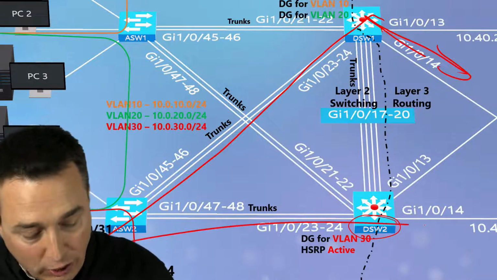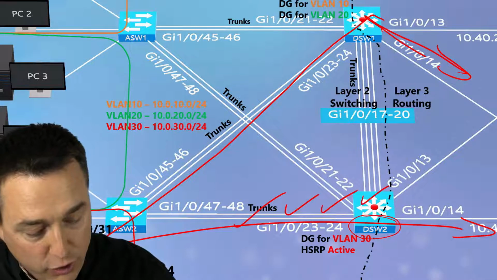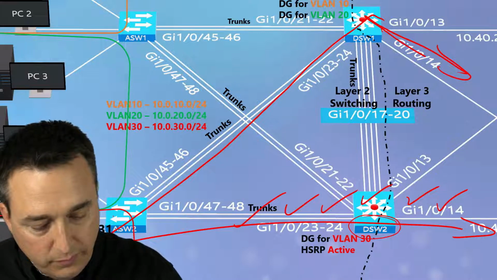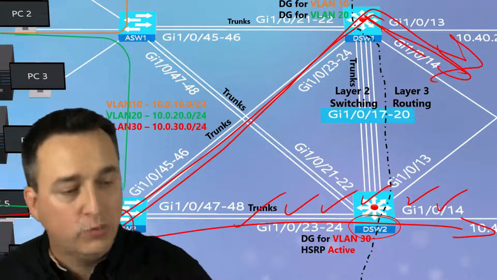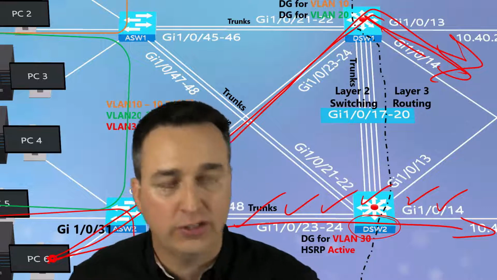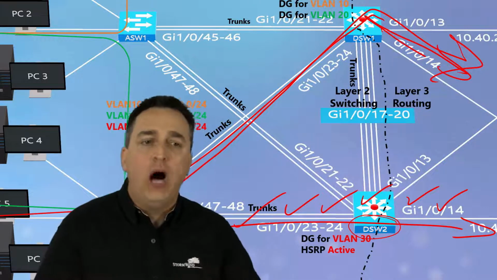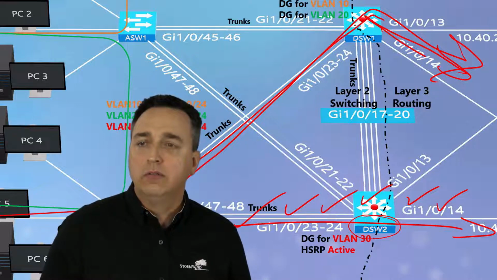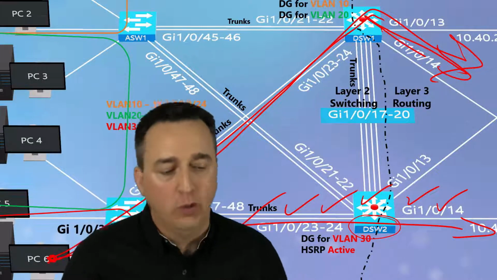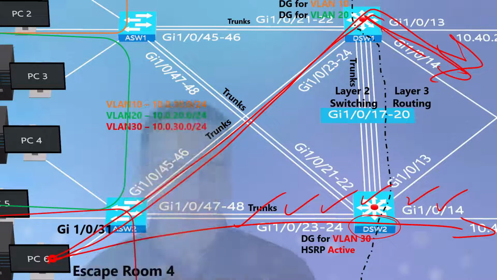We want our traffic to go this way under normal scenarios, and we only want it to go this way in a failure scenario. So I need to figure out why this is happening. Why is this happening now and not the normal way that we need traffic flowing?